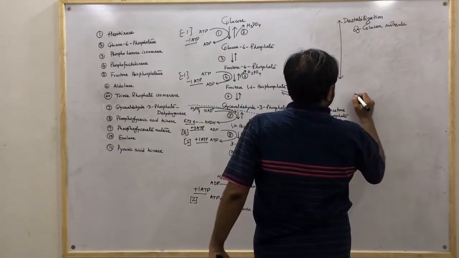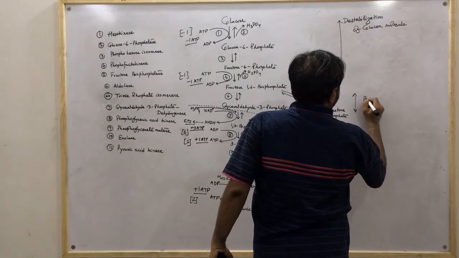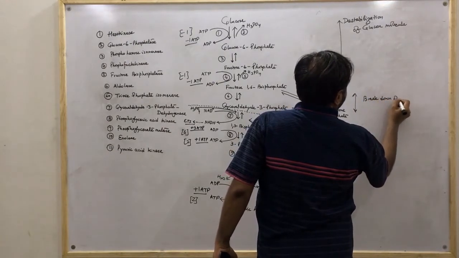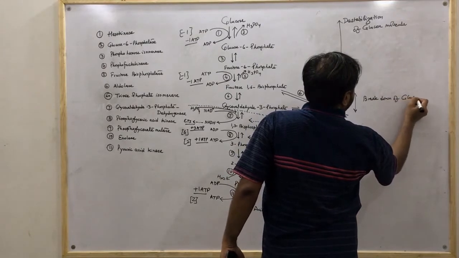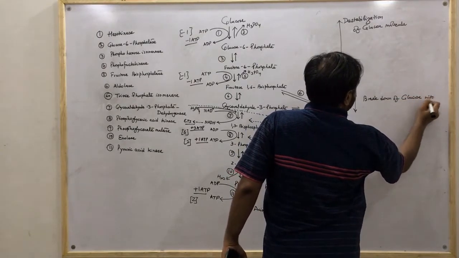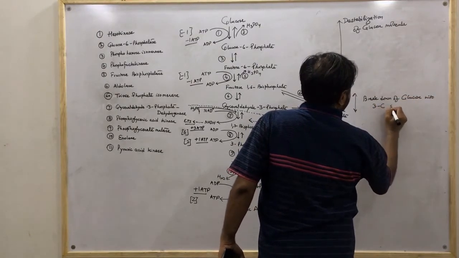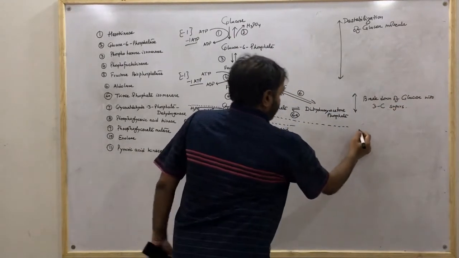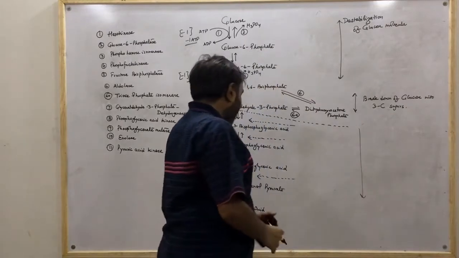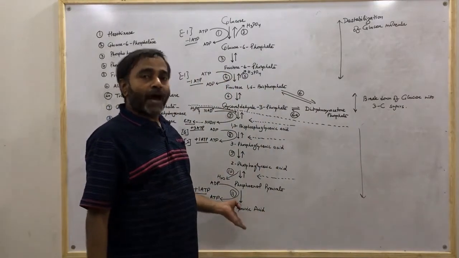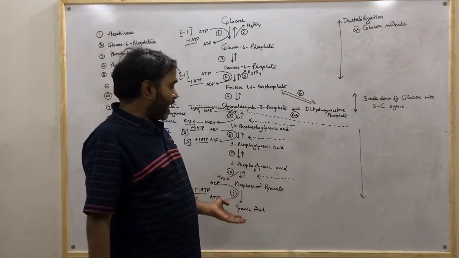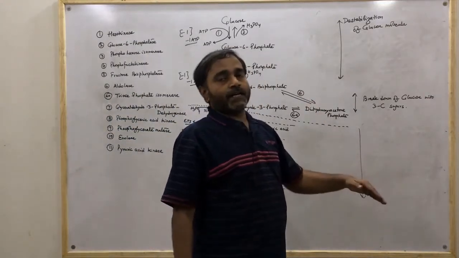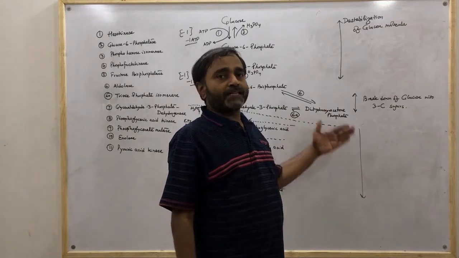So this step is signifying the breakdown of glucose into 3 carbon sugars, and from here to here the formation of pyruvic acid is taking place, that is the stable molecule, and which will enter further into the pathway for its breakdown.